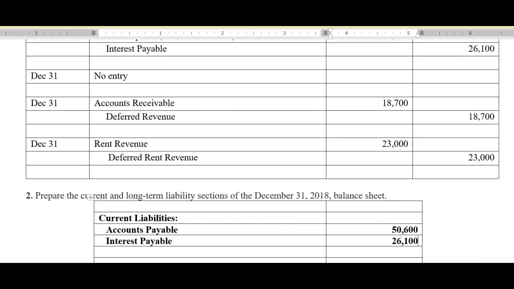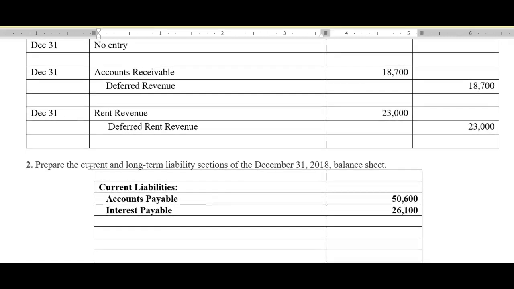And again, as long as you get all these, I'm not too worried about what order at this moment. Then, in addition, we have the deferred revenue. You could do 2 separate items for deferred, but I'm going to combine them into one. So we have deferred rent and regular deferred revenue, so $23,000 plus $18,700 gives me $41,700 in deferred revenue.